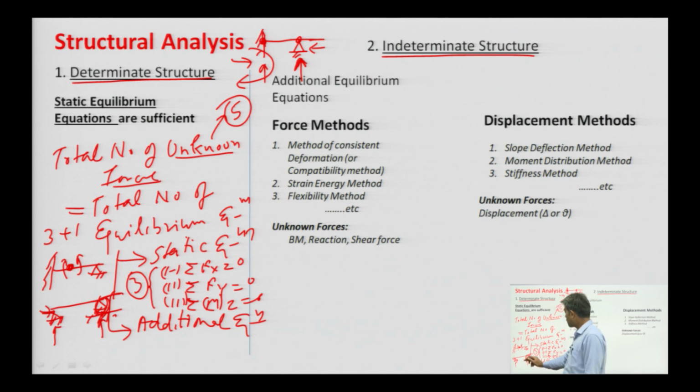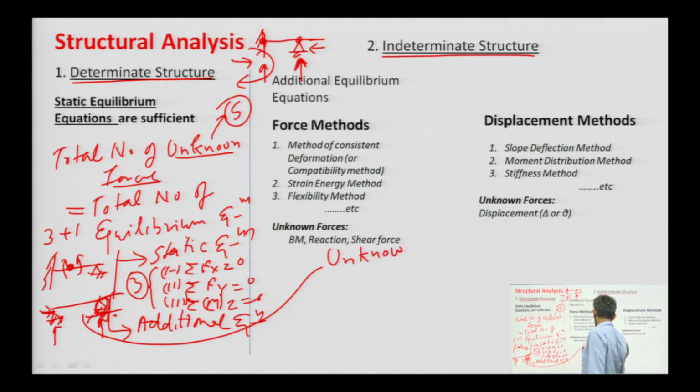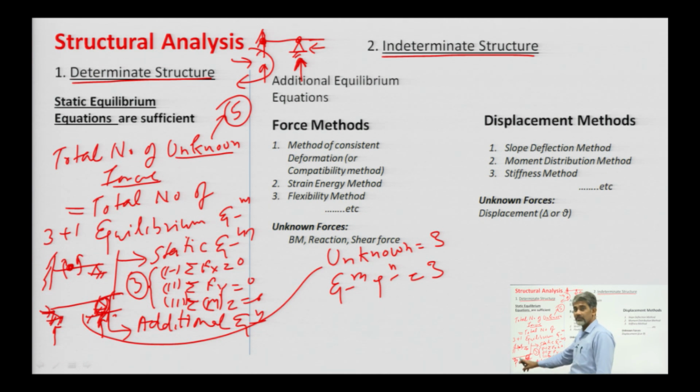So, the number of unknowns in this case is equal to 3, and the total equilibrium equations are 3. In this case both are the same, and such structures are called determinate structures.